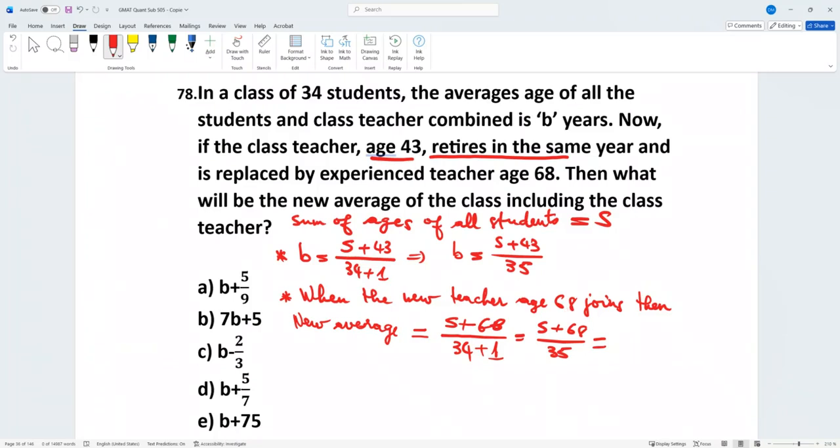And what we can see here, what they have in common between the new average and the B here, we have the same denominator. S is part of the equation, and then 43 for B here. So we are going to try to write like this. 68, we know that it's actually 43 plus 25, and we're going to say divided by 35.